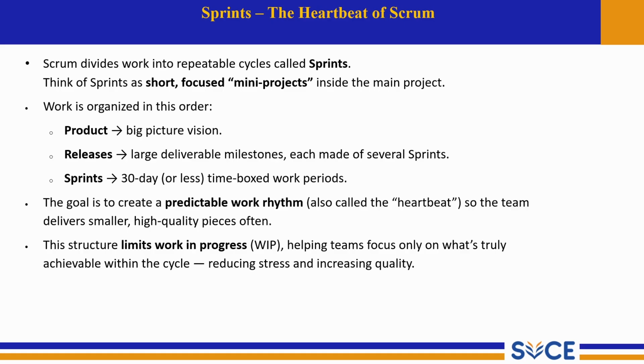The goal is to create a predictable work rhythm that is called the heartbeat, so the team delivers smaller high-quality pieces often. This structure limits work in progress, helping teams focus on what's truly achievable within the cycle, reducing the stress and increasing the quality.